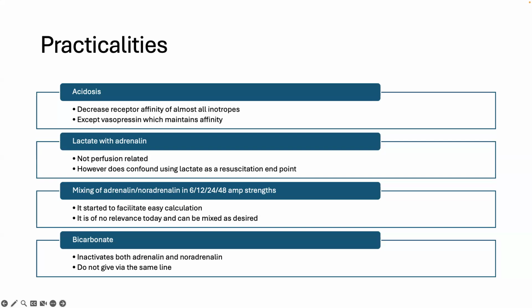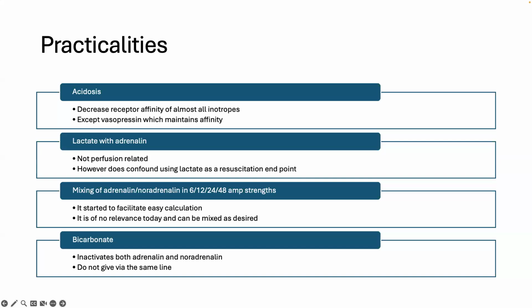But that has all turned out to be untrue, because if that was the mechanism, then surely noradrenaline would be a bigger cause of an increased lactate than adrenaline would be. And really that was the impetus, and where this story about dobutamine came in, because people then thought that you would add dobutamine to improve the splanchnic perfusion. Please don't do that. It's not the right thing to do.